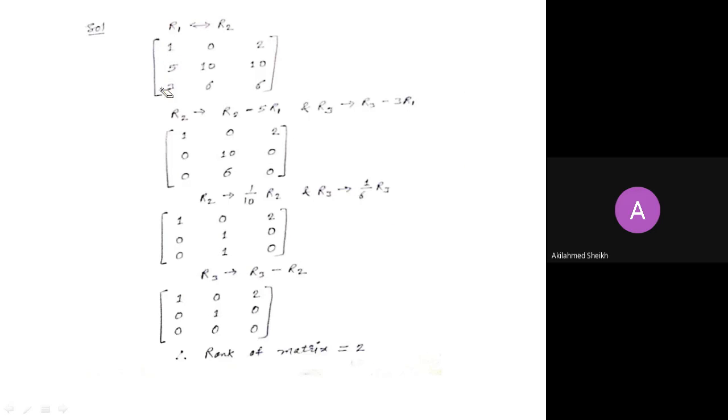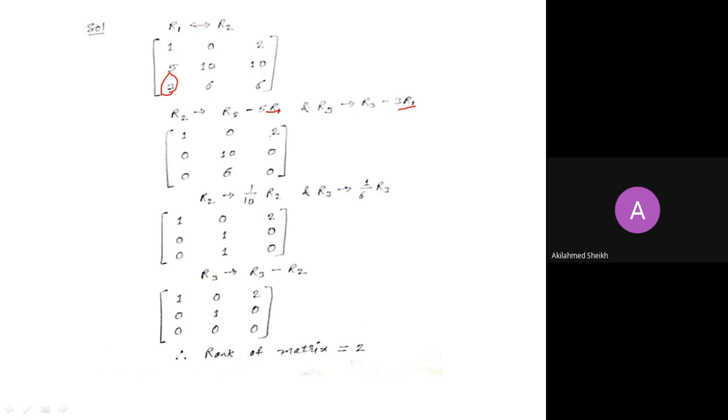So we make the combination with the first row. Now here R2 minus 5 R1, that is the combination with the first row. Now to make this element 0, R3 minus 3 R1, making the combination with the first row.